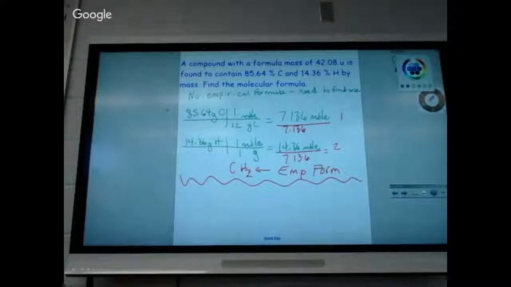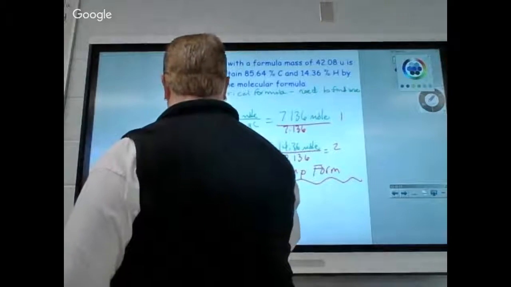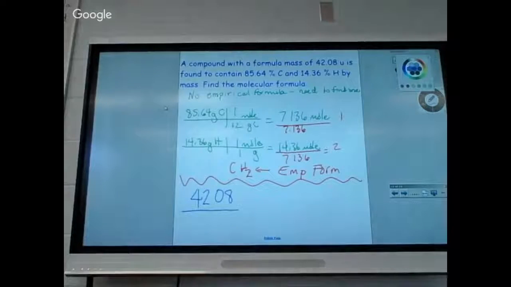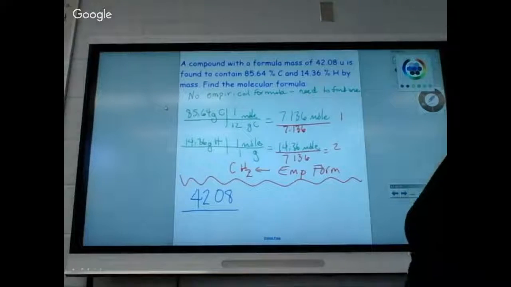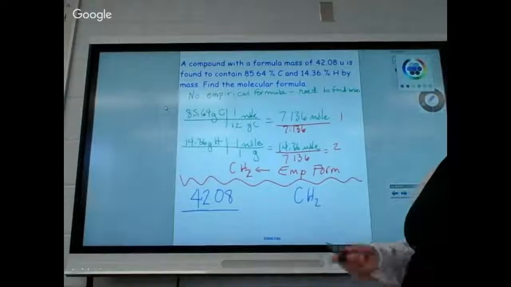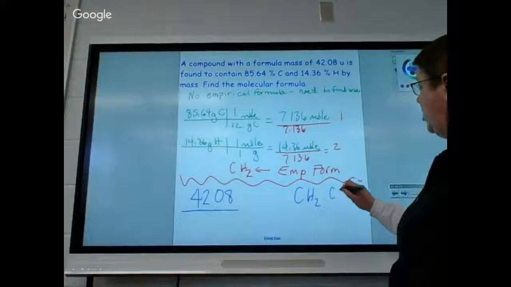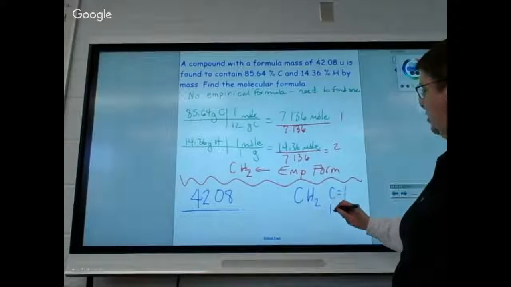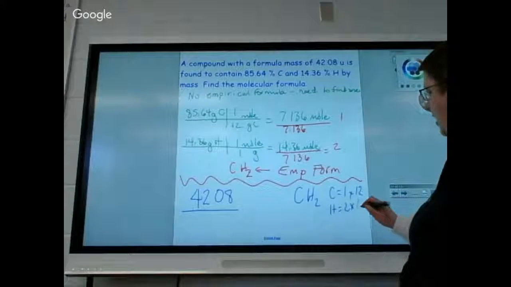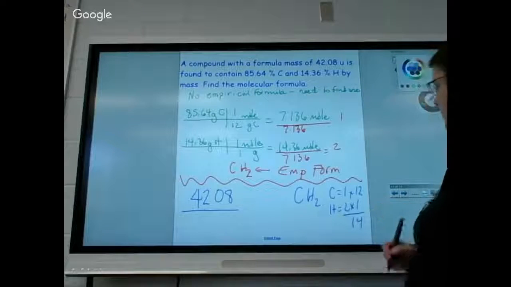Take the 42.08 and do what with it? Divide it by, we have to get the formula mass. So got to take the formula mass of what? CH2. Yeah. So I need to find the mass of my empirical formula, right? So how many C's are there? How many H's are there? So 12 times 1, we get 12, we get 2, we get a total of 14.